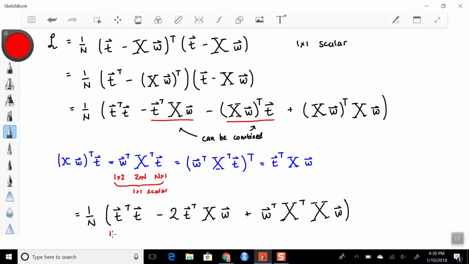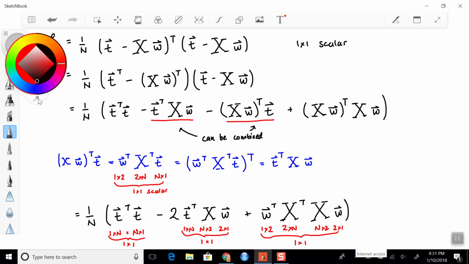This is 1 by n times n by 1, so this becomes 1 by 1, and this is 1 by n, this is n by 2, and this is 2 by 1. So this also combines to be a 1 by 1. And W transpose is 1 by 2, X transpose will be 2 by n, X is n by 2, and W is 2 by 1. So all of these combine also to a 1 by 1. Everything becomes a 1 by 1 scalar output.